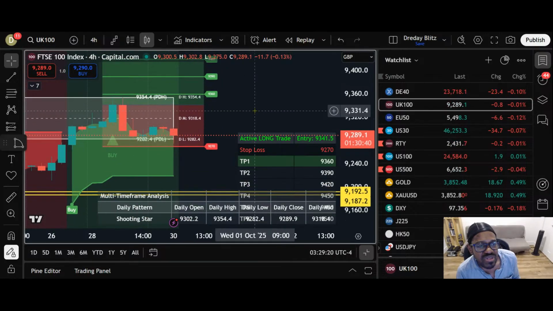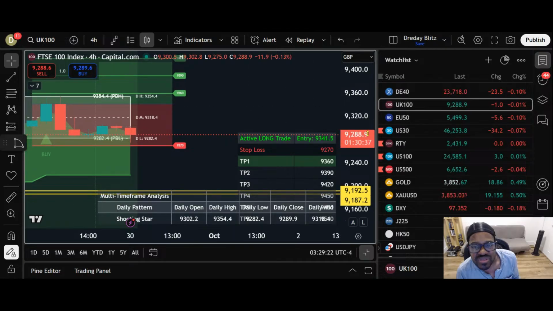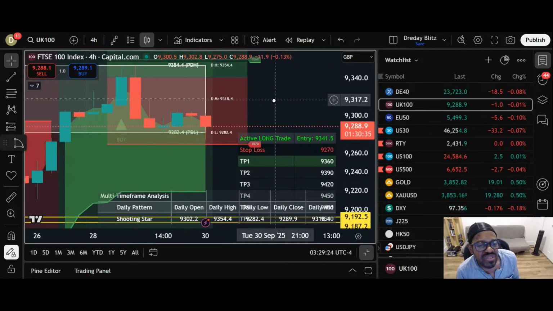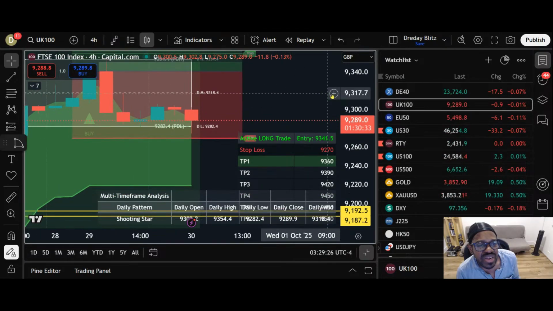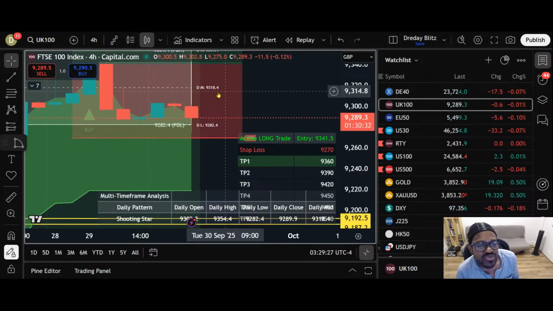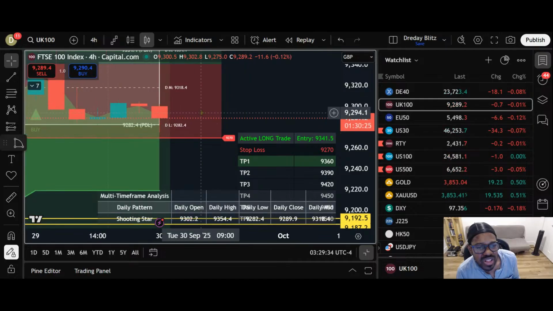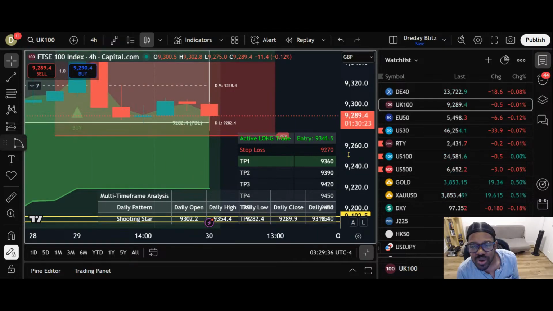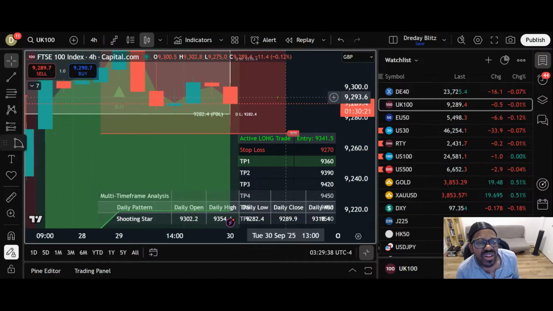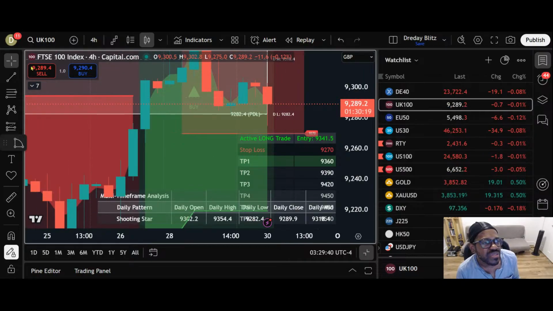Right now, it's okay if we're looking at the H4, and the H4 opens at 1 o'clock. This is a 1 o'clock 4-hour candle. If we look at the actual pattern here, it's looking bearish for sure.